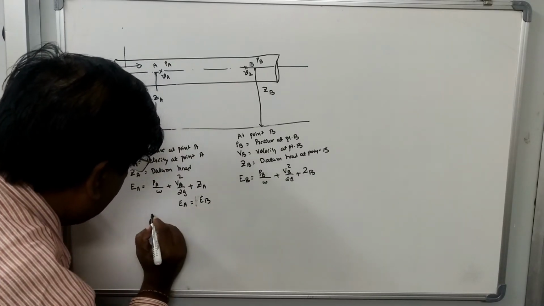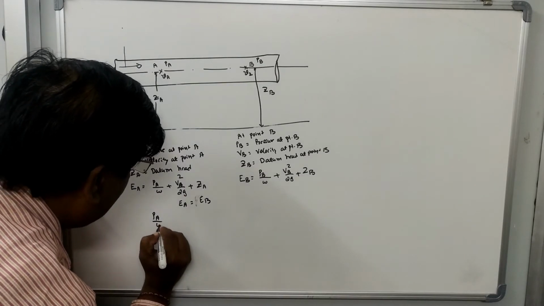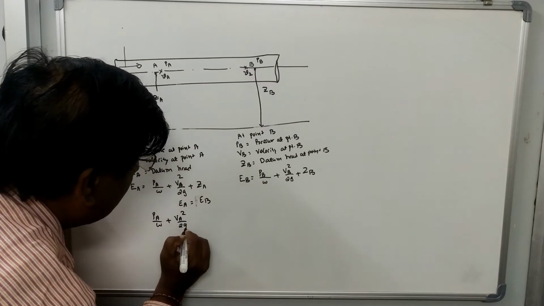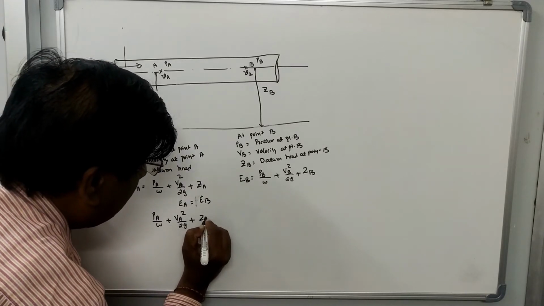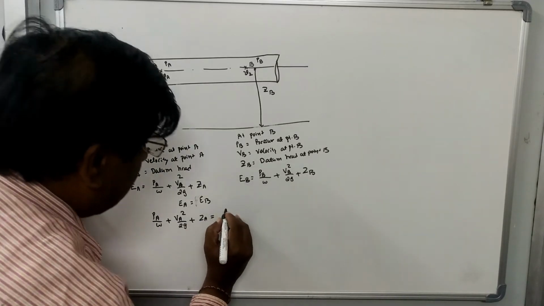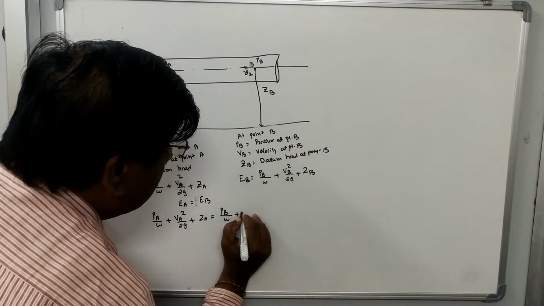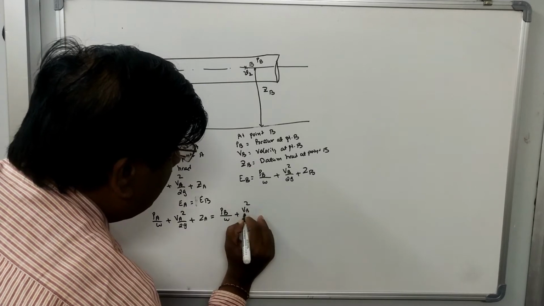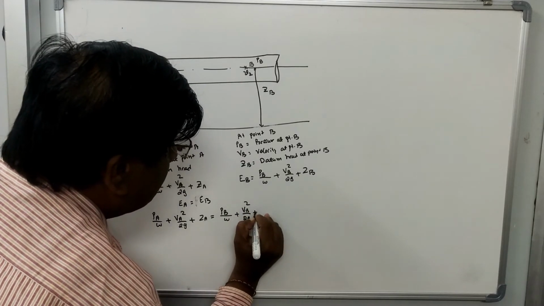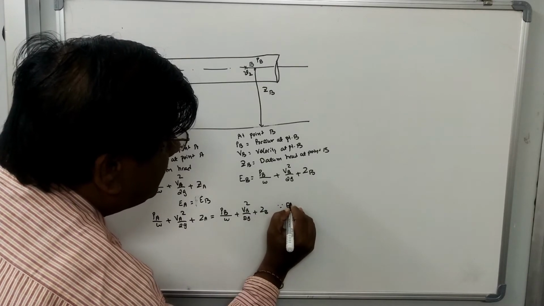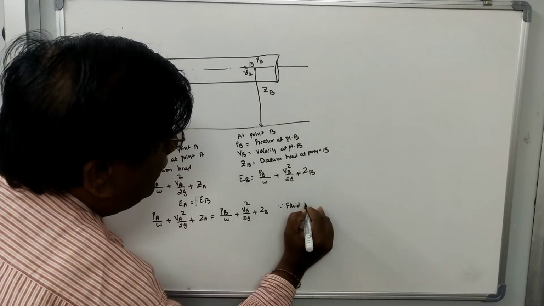It means PA by W plus VA square by 2G plus ZA is equal to PB by W plus VB square by 2G plus ZB, because fluid is ideal.